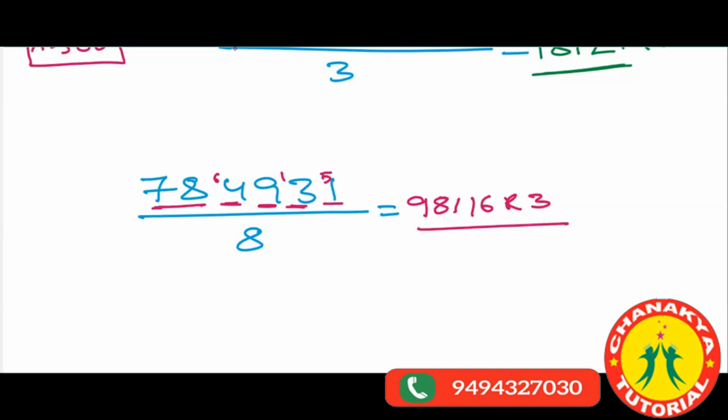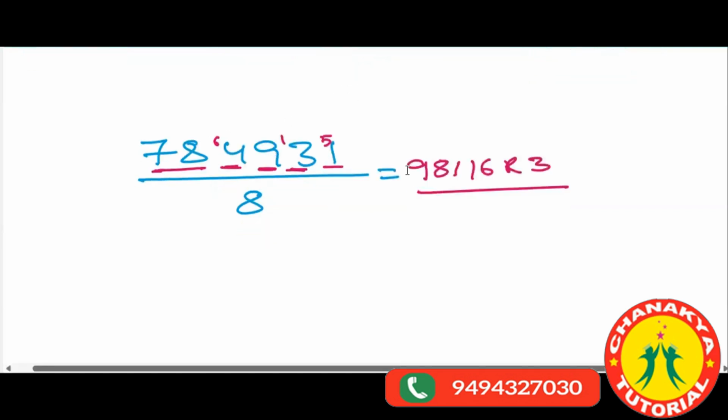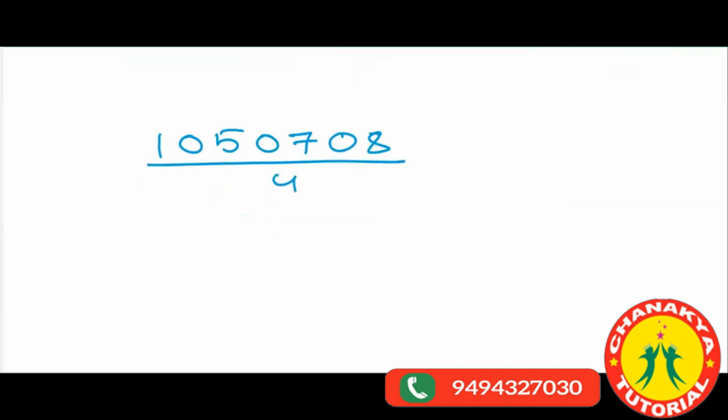Good. And Manas, this is your question. Suppose your question is 1050708 divided by 4. Sir, first 4 2s are 8 with remainder 2. In 1 it will not go, that is why you are taking directly 10.